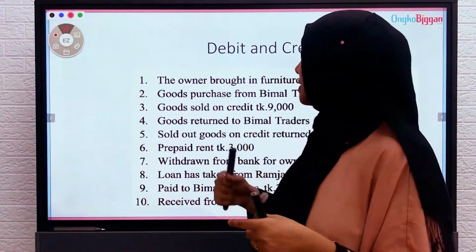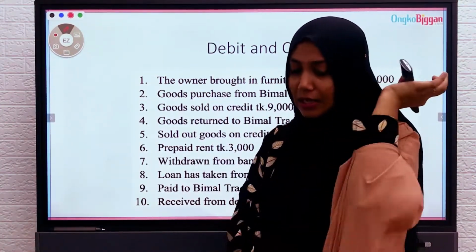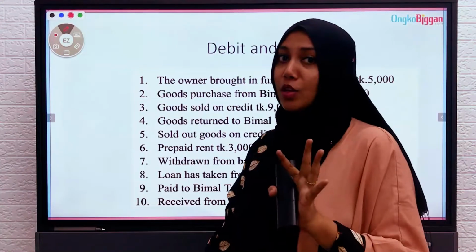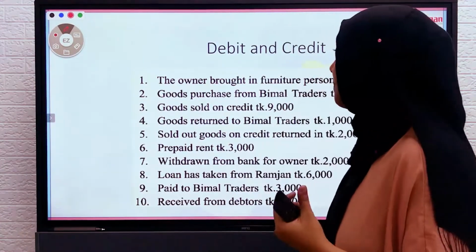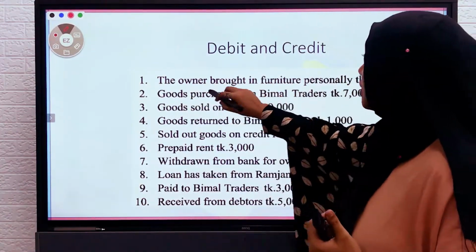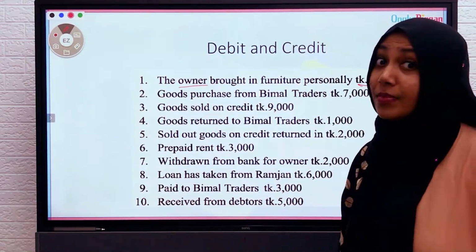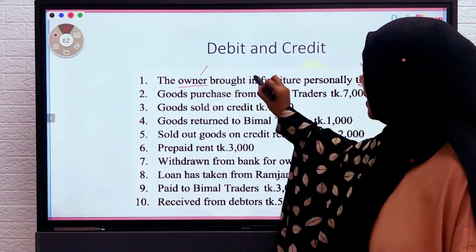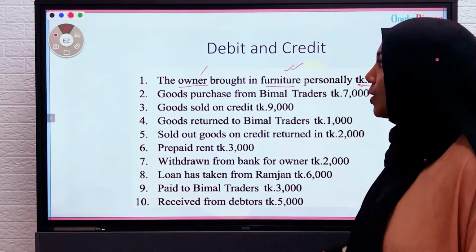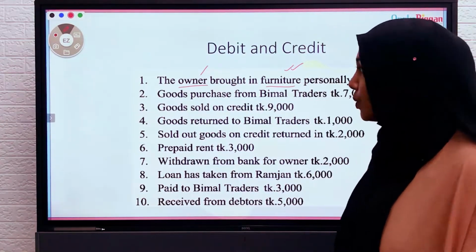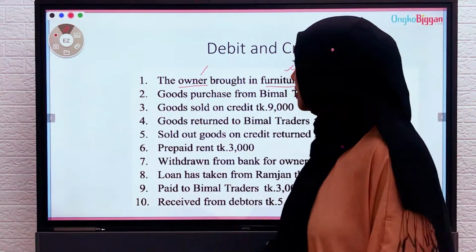You will solve this debit and credit. I'm going to give you a hint, but in the end you will have to do it yourself. The owner brought in furniture personally, 5,000. Now you will decide which one is debit and which one is credit.